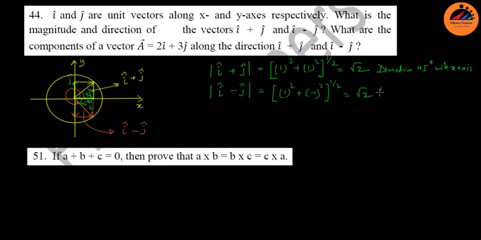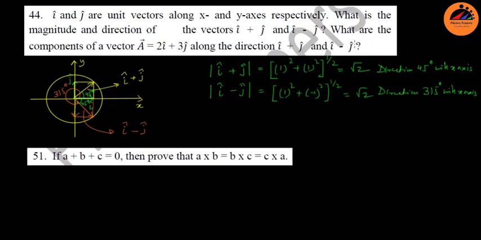And the direction of i minus j is 315 degrees with the x-axis. Whenever I say the degree, it is basically in the anti-clockwise sense, so 315 degrees. Now the question is, they're asking what are the components of A along this and along this.